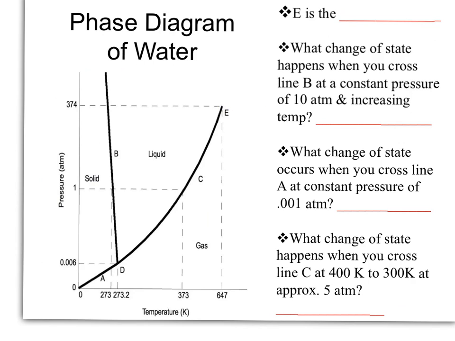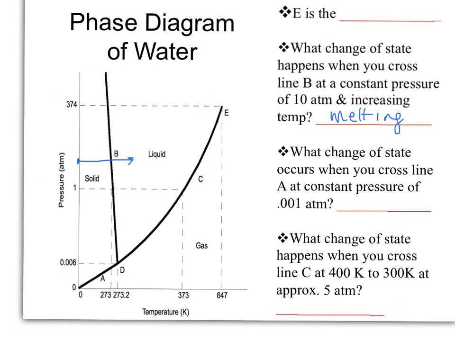The next question says, what change of state happens when you cross line B at a constant pressure of 10 atmospheres and increasing temperature? So I'm going to go ahead and just kind of estimate where 10 atmospheres might be, and I'm going to start to move across because I'm increasing my temperature. You'll see that I'm basically moving from a solid to a liquid, and that is the phase change of melting.